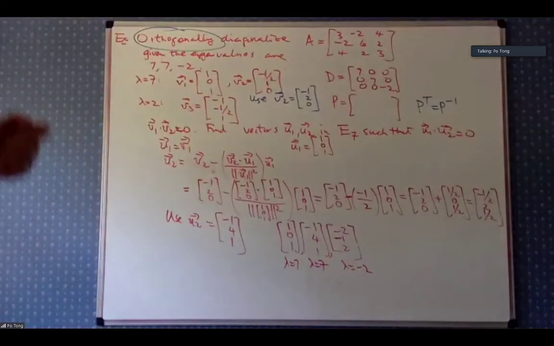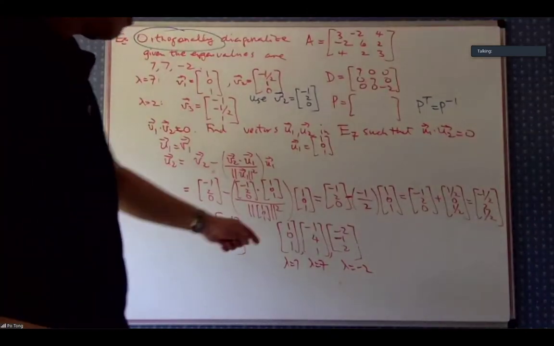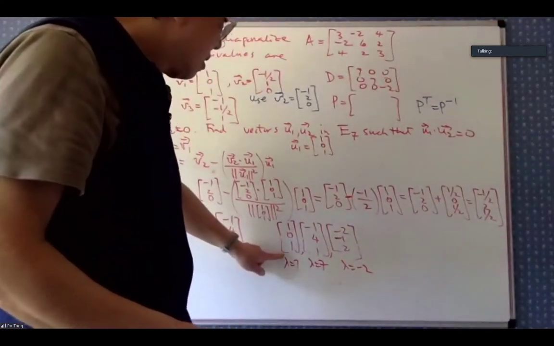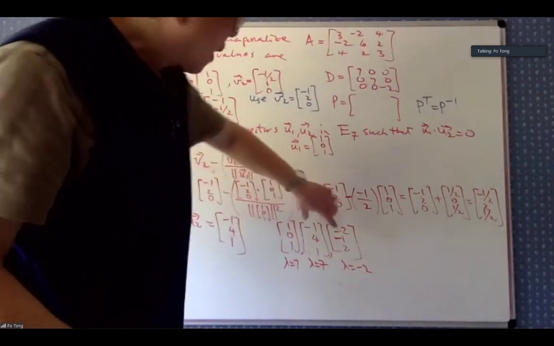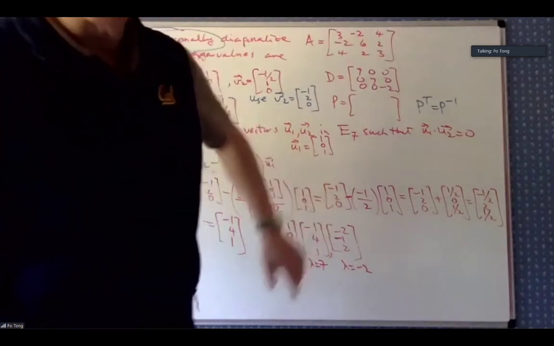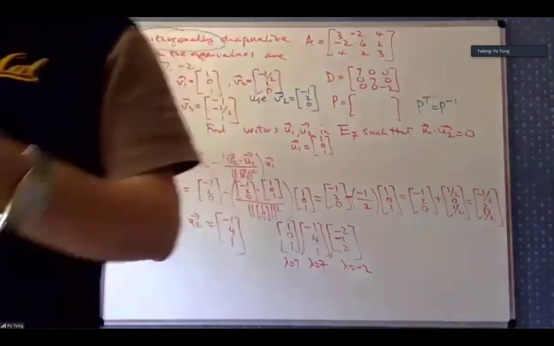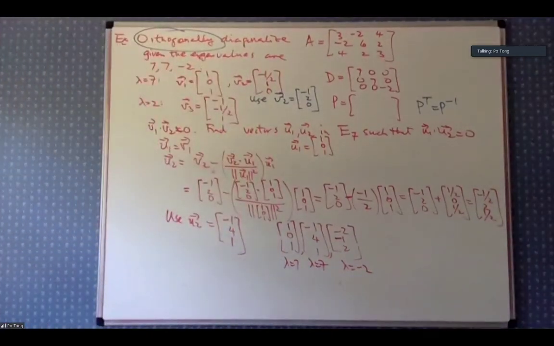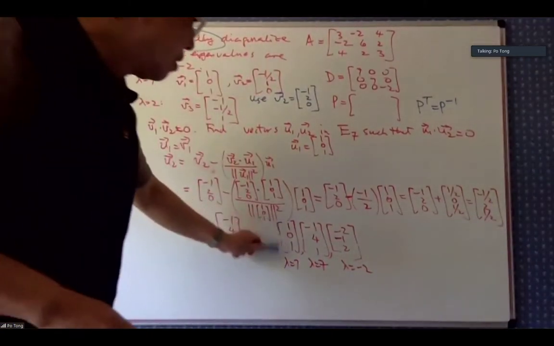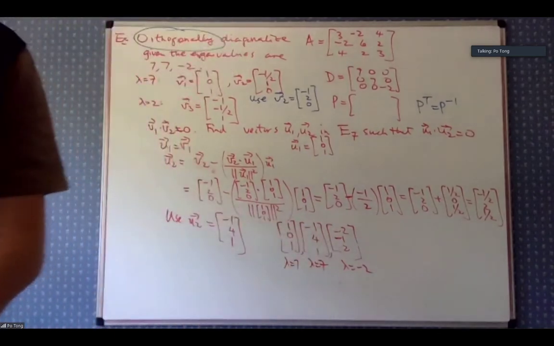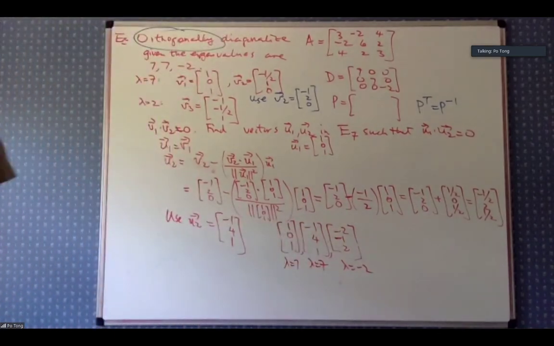So we need one additional property. What would it be? In addition to being pairwise perpendicular, I also want them to have unit length. To make them unit length, divide by the magnitude.